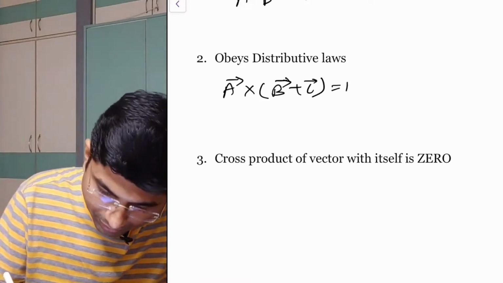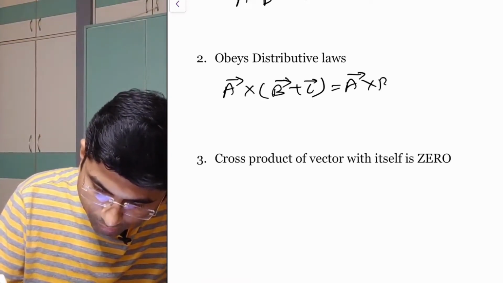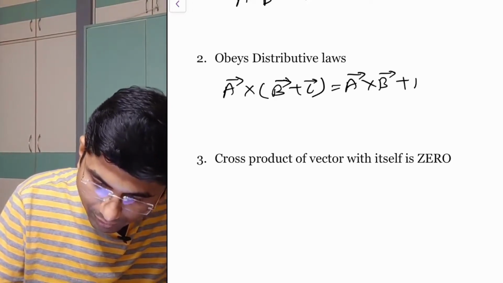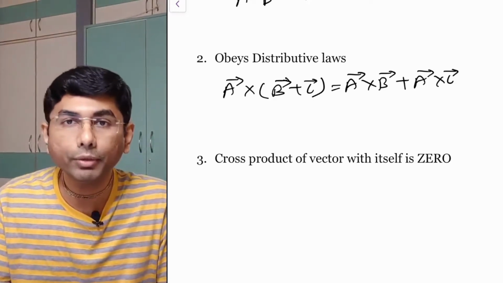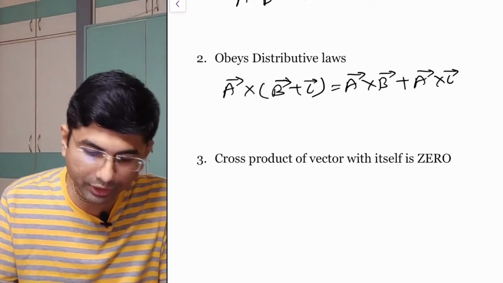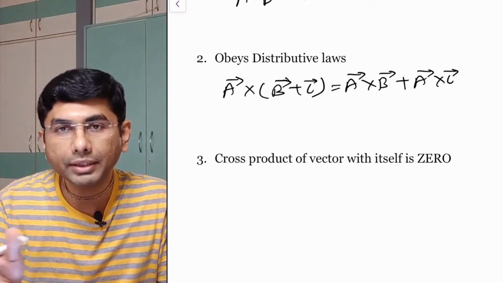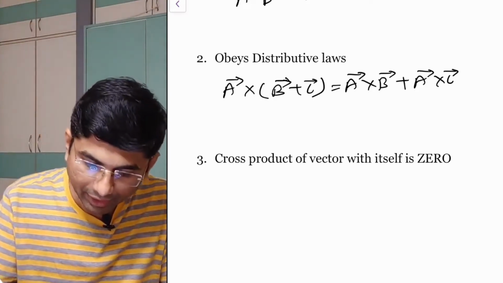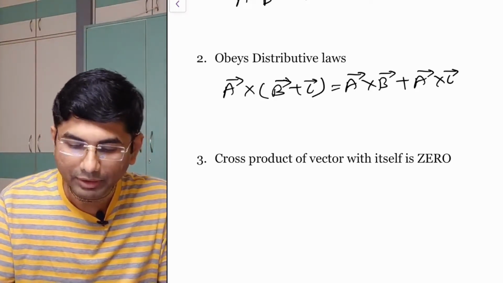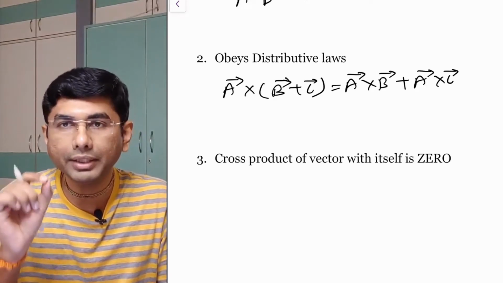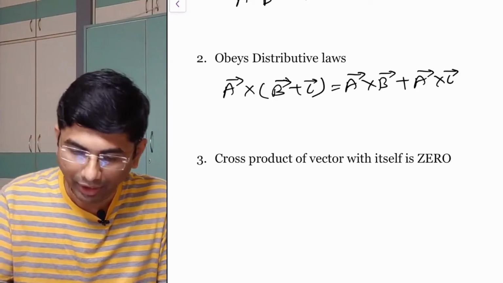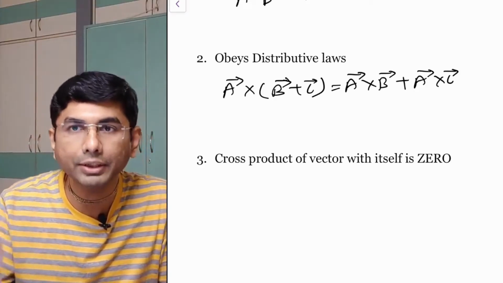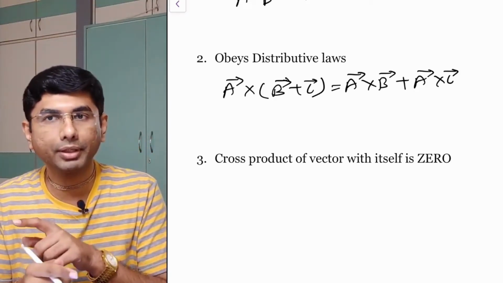It can be written as A vector cross B vector plus A vector cross C vector. Now here one needs to be very careful when using the distributive law. We are not changing the vectors. We cannot write it like A cross B plus C cross A. It has to be in the same sequence: A multiplied with B, A multiplied with C. I cannot reverse the position of A and C or A and B because the values are different.